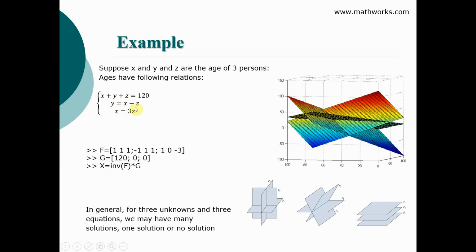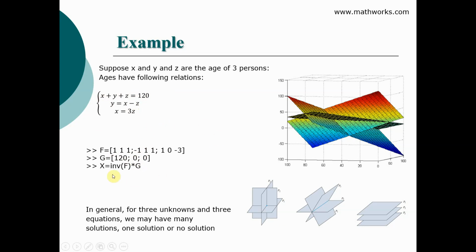Okay, and now that we took everything to the left side, we have to be careful about the right hand side vector. So here we have 120, here we have 0, and here we have 0. The constants on the right side are equal to 0 for the second and the third equation, excuse me.